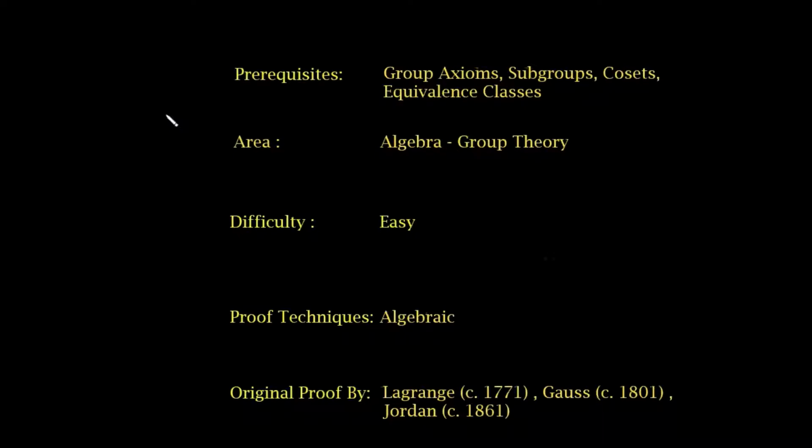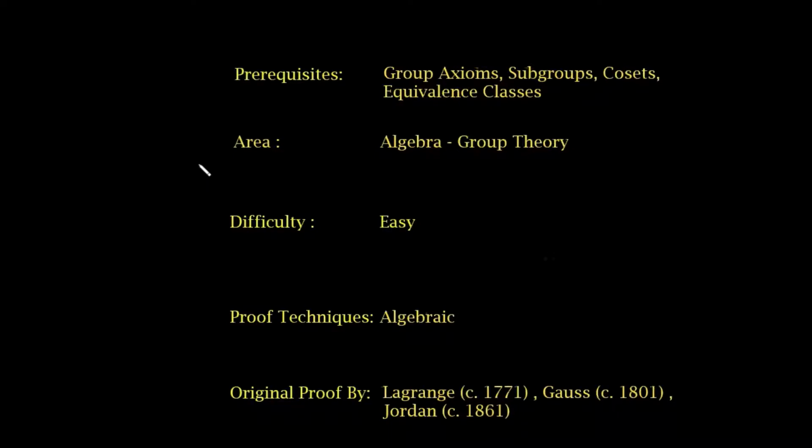As I said, this is a result that belongs to group theory, which is one of the main branches of higher algebra. This isn't the elementary algebra that you learn in high school. This is the abstract algebra that you first typically encounter in a third year university class.